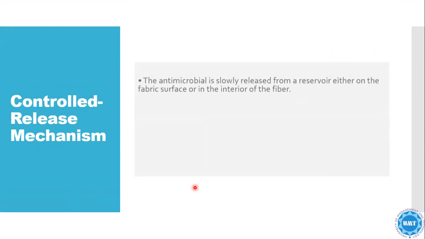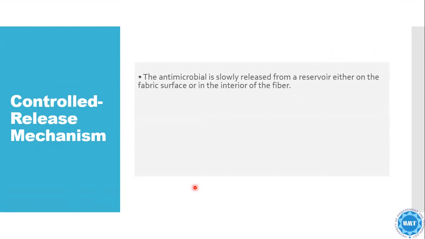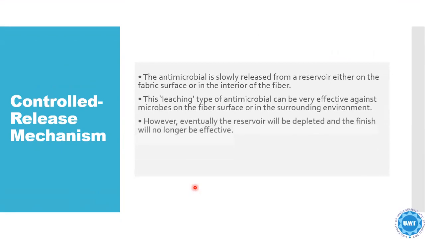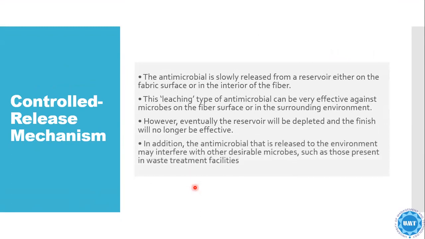Controlled release mechanism: the antimicrobial is slowly released from a reservoir either on the fabric surface or in the interior. This leaching type of antimicrobial can be very effective against microbes on the fiber surface or in the surrounding environment. However, eventually the reservoir will be depleted and the finish will no longer be effective.